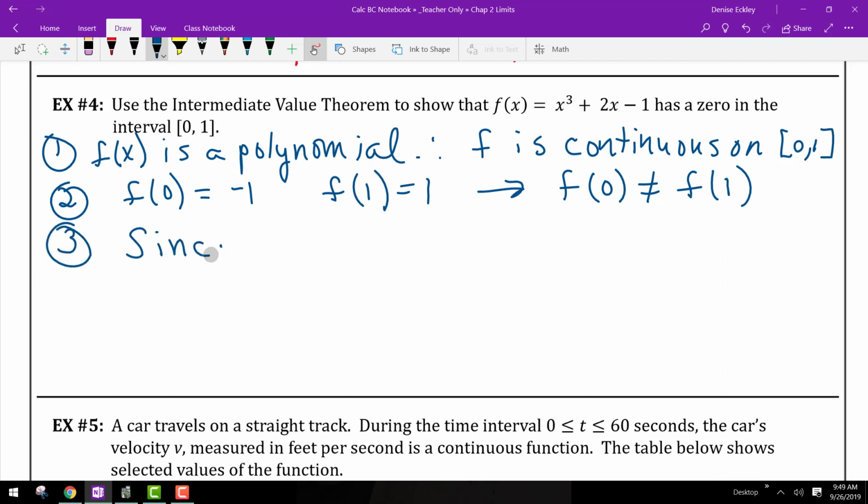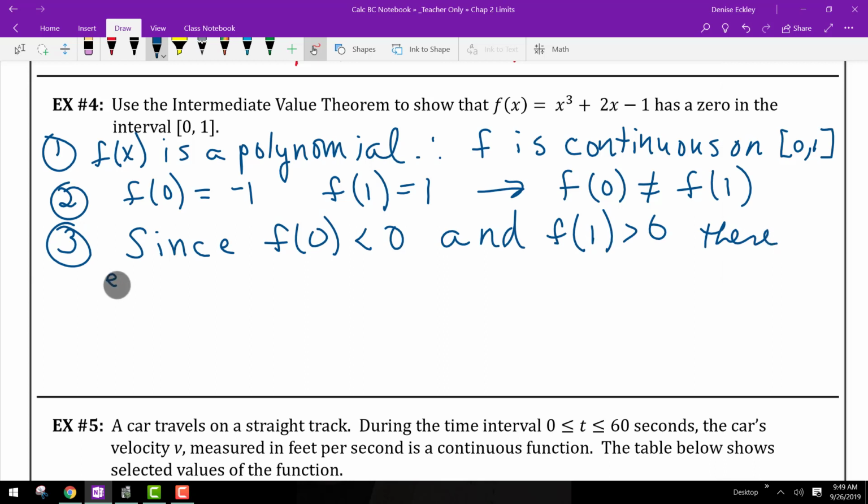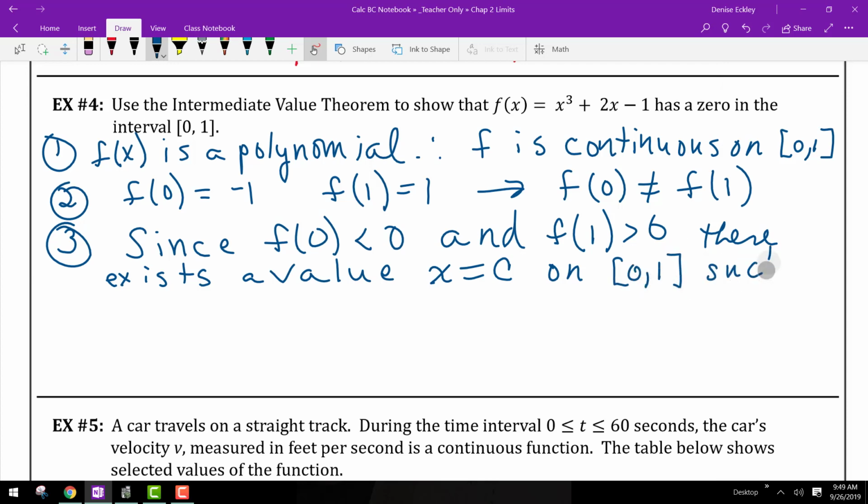What we can say then is since f of 0 is less than 0 and f of 1 is greater than 0, there exists a value x equals c on the interval such that f of c equals 0 by the IVT.